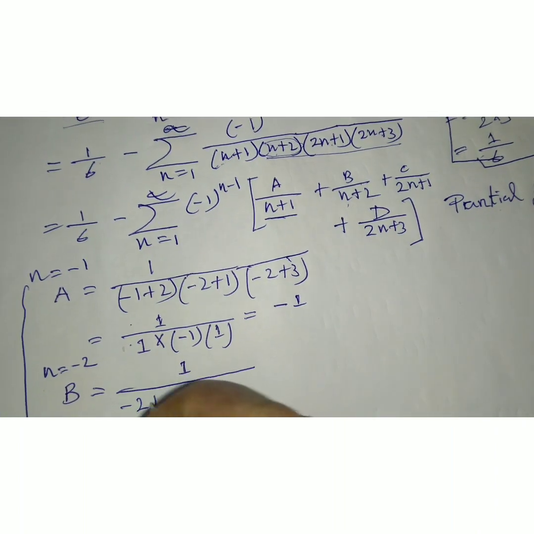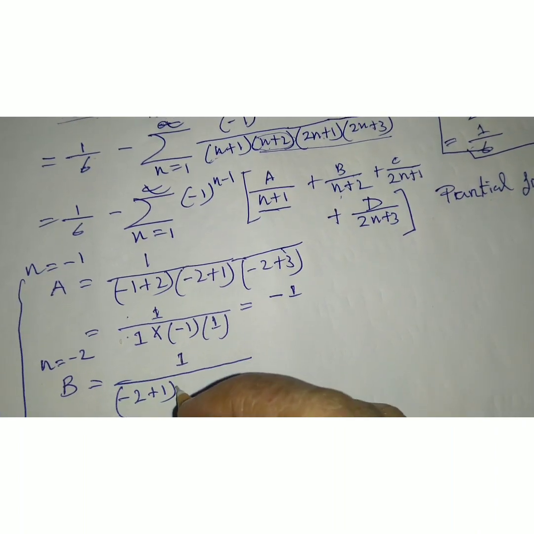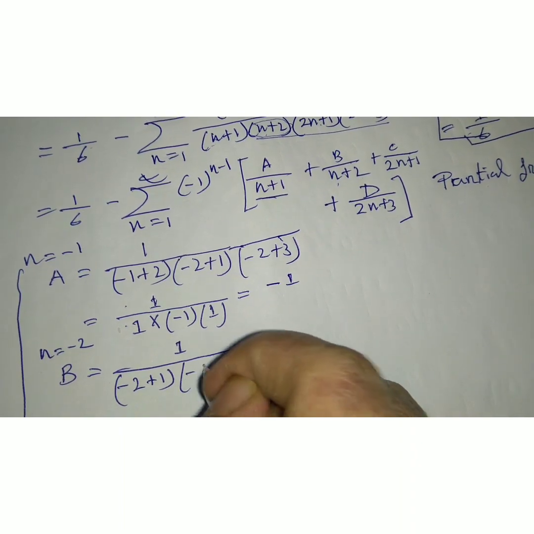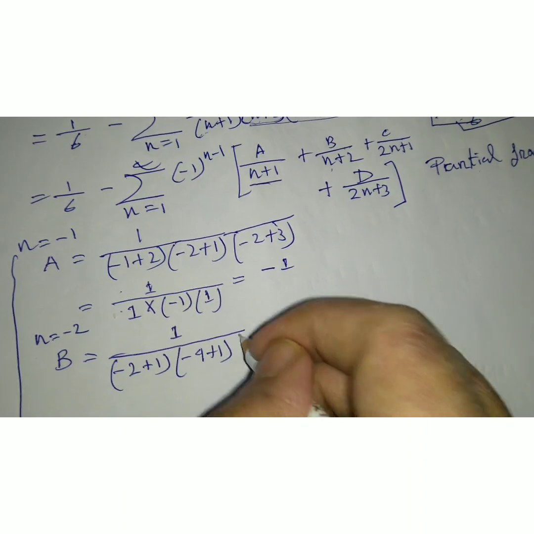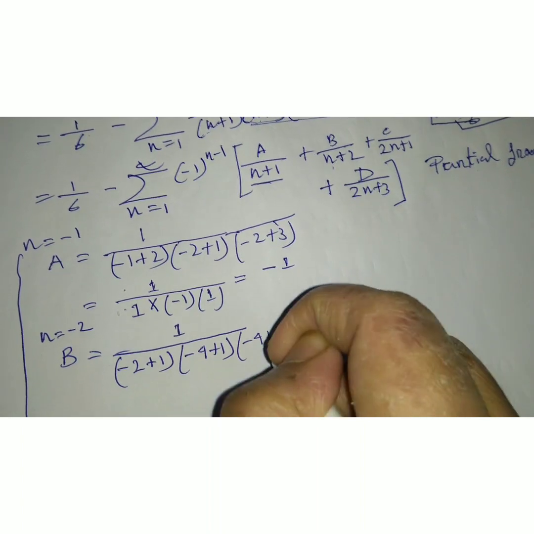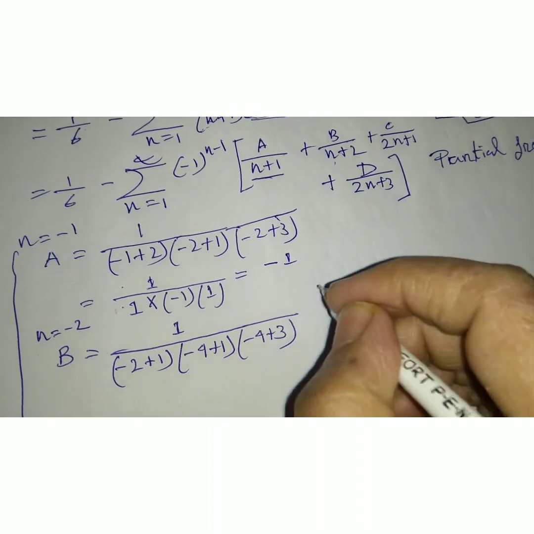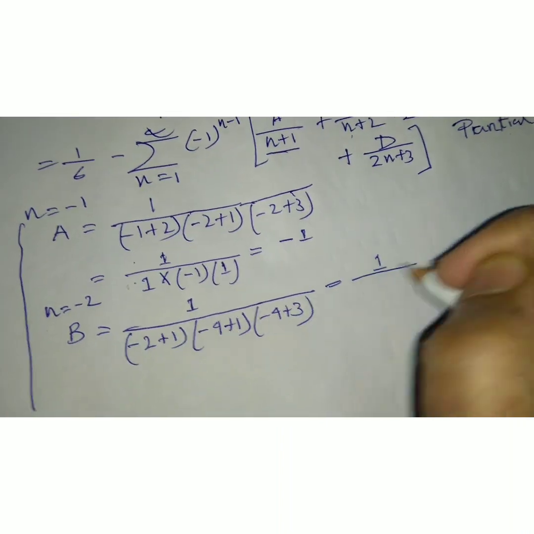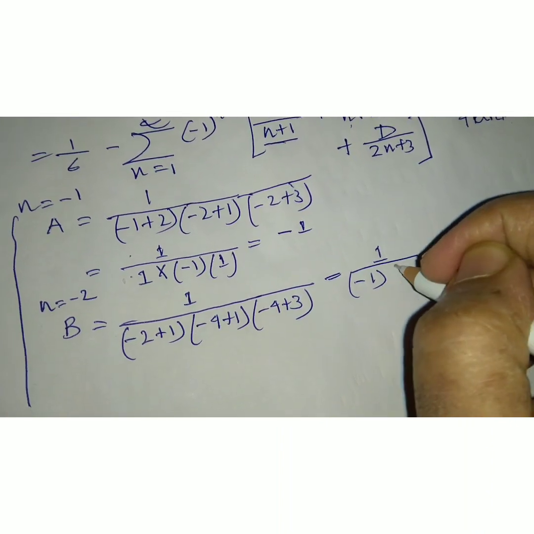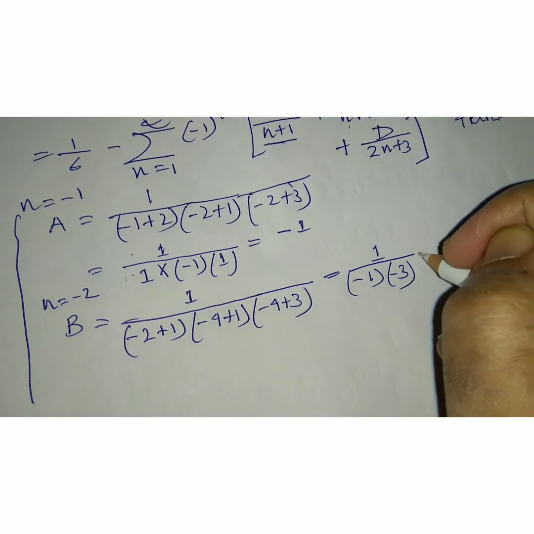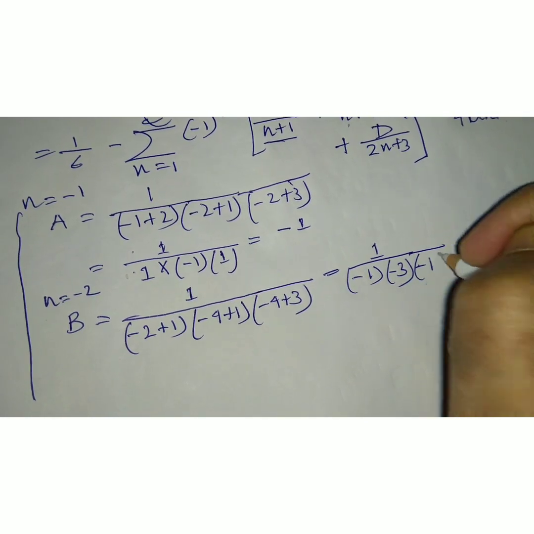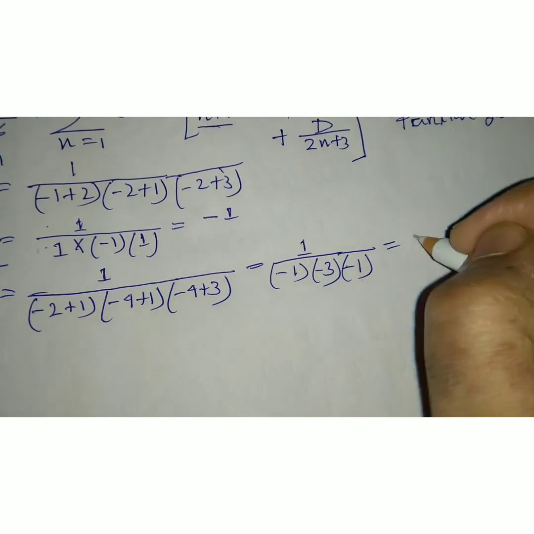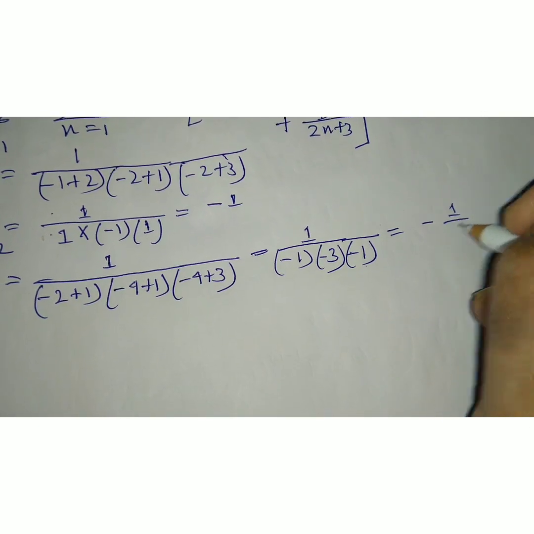So minus 2 plus 1, minus 4 plus 1, minus 4 plus 3. Okay, so I get minus 1 into minus 3 into minus 1. Whatever I get, b is minus 1 by 3.